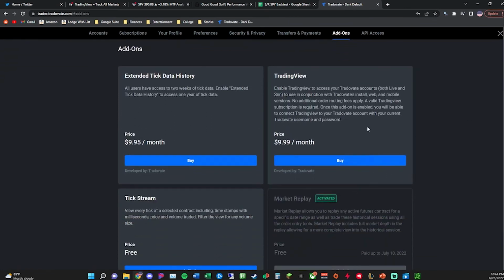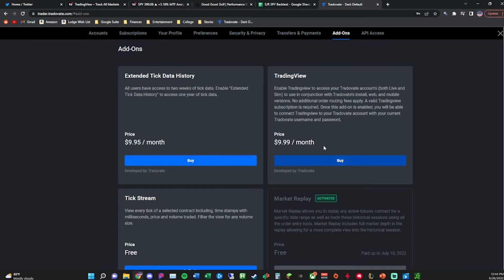And this is free if you're funded, but some platforms make you pay. So for you to trade from TradingView, it is going to cost $10 a month through Tradovate.